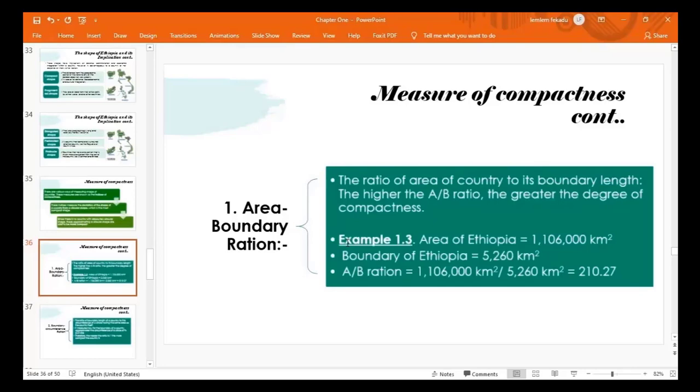The boundary of Ethiopia is 5,260 kilometers. So the area boundary ratio is 210.27.